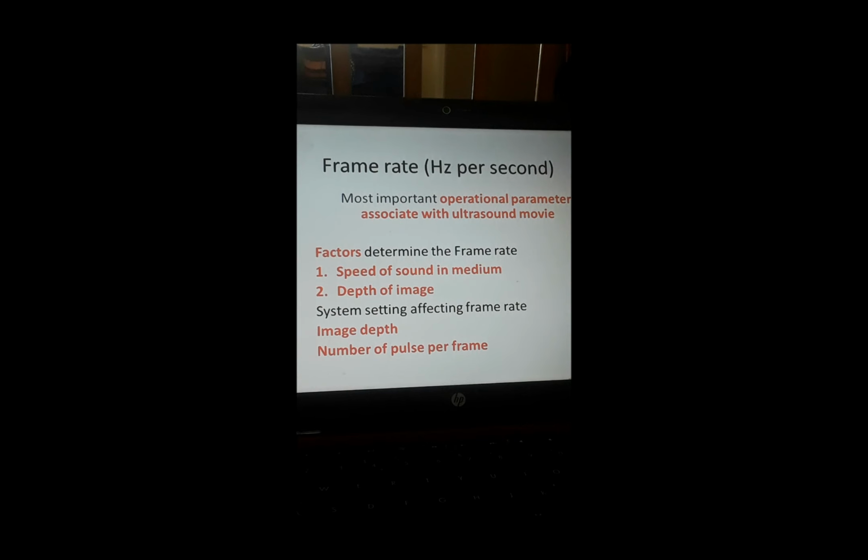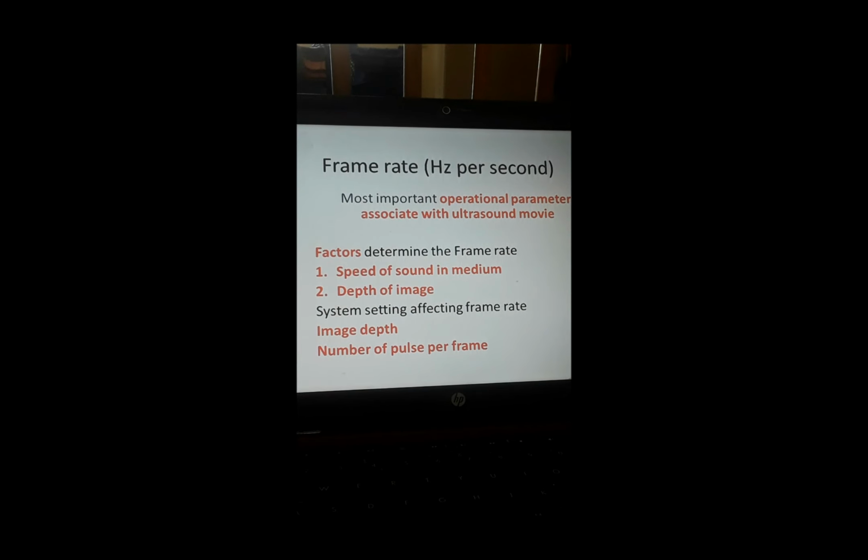The most important operational parameter associated with ultrasound movies is frame rate, and the factors that determine the frame rate are the speed of sound in the medium and the image depth. The more the depth, the less the temporal resolution, I mean the blurrier the image is.